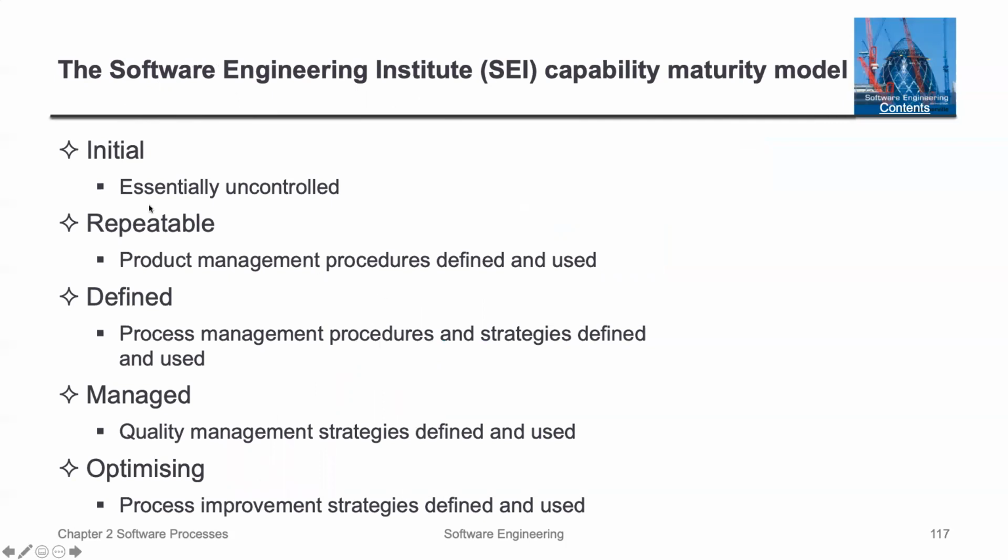It goes from relatively uncontrolled processes, to repeatable, where product management procedures are defined and used, to defined, where process management procedures and strategies are defined and used. Managed means quality management strategies are defined and used, and optimizing means process improvement strategies are defined and used.